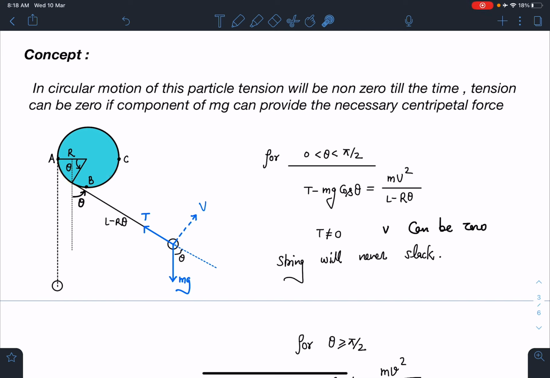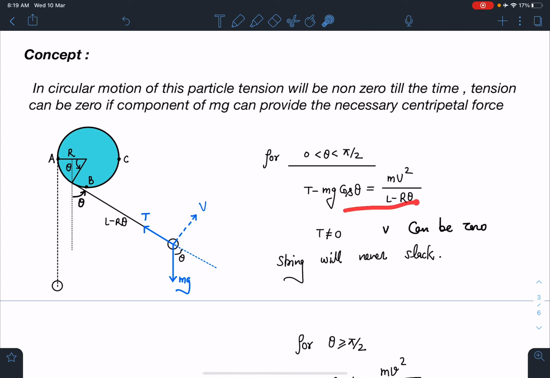So here I can write the circular motion equation: the net force towards the center is equal to mass into acceleration, and acceleration is v square by radius R. At this instant, radius R is L minus r theta. You can clearly see from this that in this zone, velocity can be zero, but tension can never be zero.